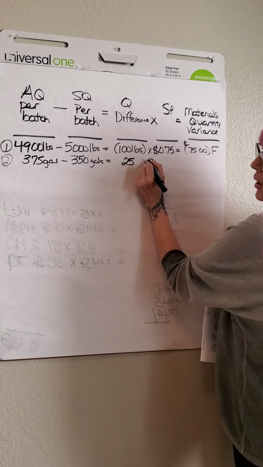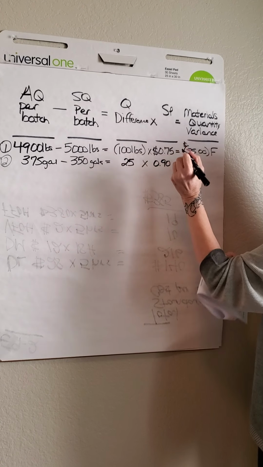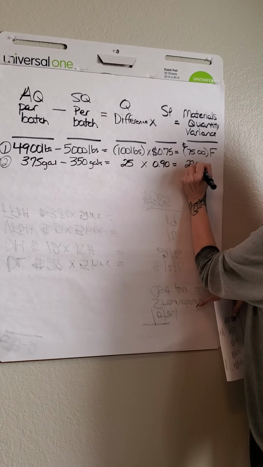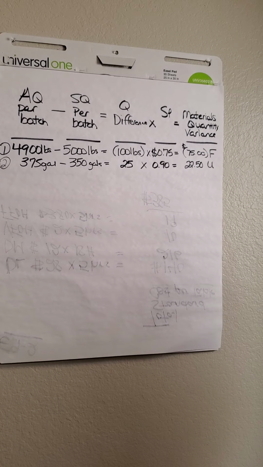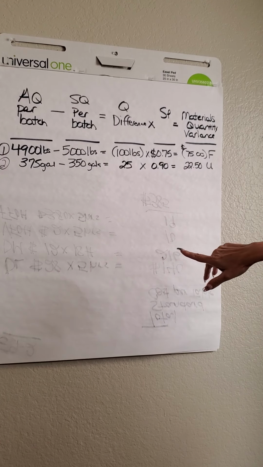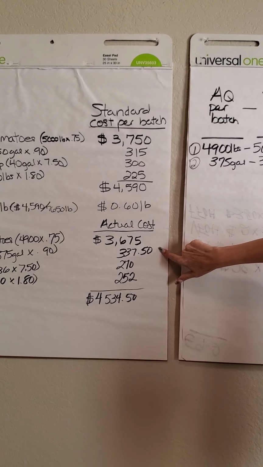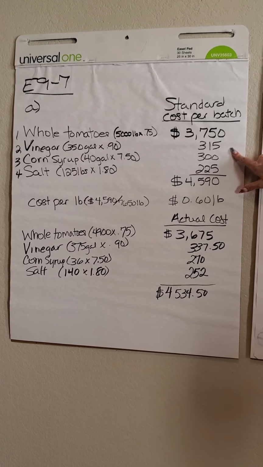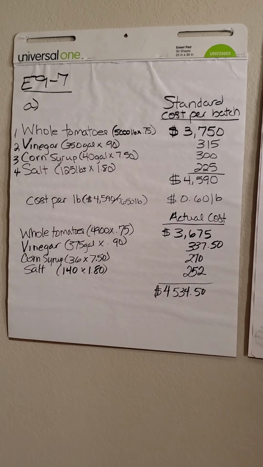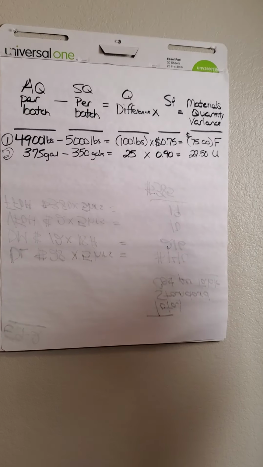We're going to multiply that by the standard cost per gallon, and that's going to give us a variance of $22.50. That's unfavorable. Okay, and you could do it this way also. You could take the $337.50 and subtract from that the $315 under standard, and that's going to give you that $22.50 unfavorable variance.